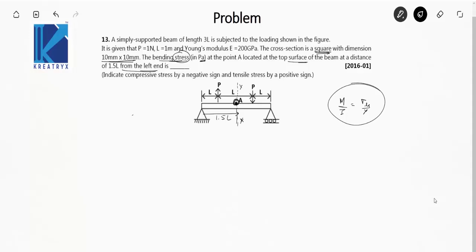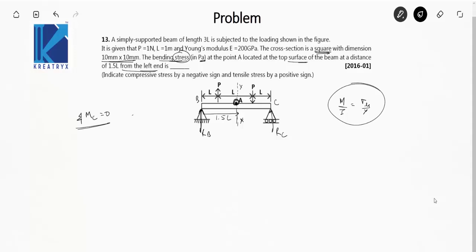So there will be a reaction. Let this be point C, this be point B. Let there be a reaction RB and RC here, and sum of moments around point C is equal to 0.